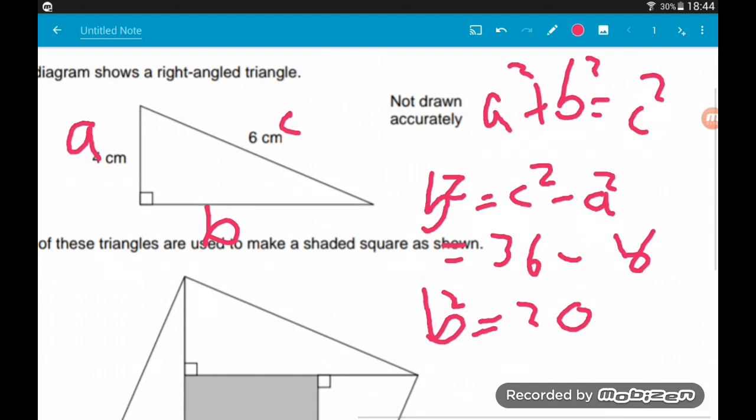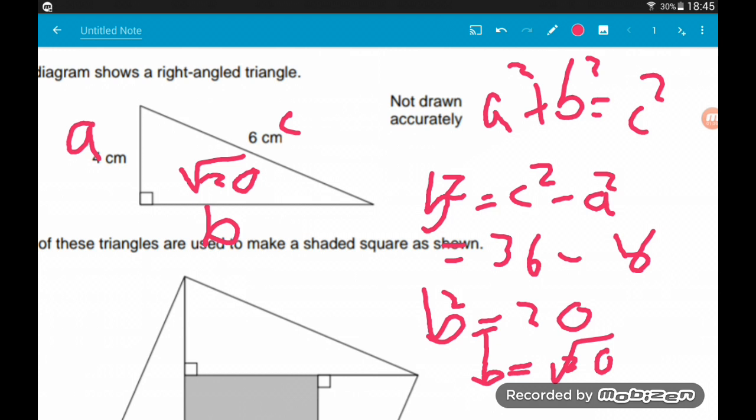Therefore, if we then square root both sides, we get B is equal to root 20. Now we could simplify that, but I think it's going to make life easier if we leave it as root 20 for now. So we now know the base of the triangle is root 20.